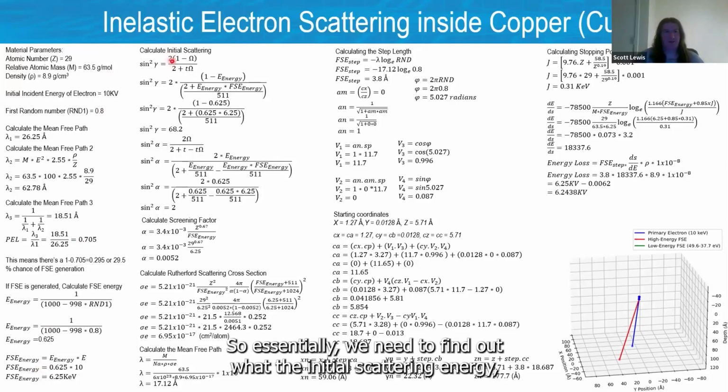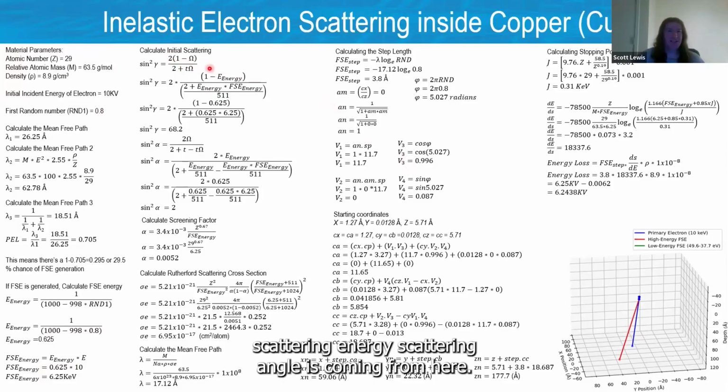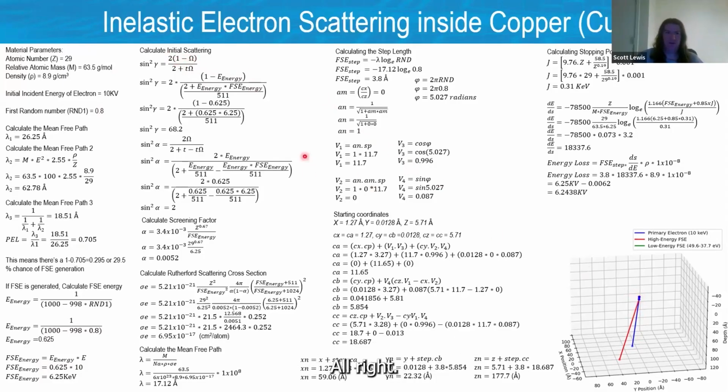So we need to find out what the initial scattering angle is, coming from here, right? What angle that is, and we're working that out as 68.2. We've got the azimuthal angle as well, and that's about 2 degrees.